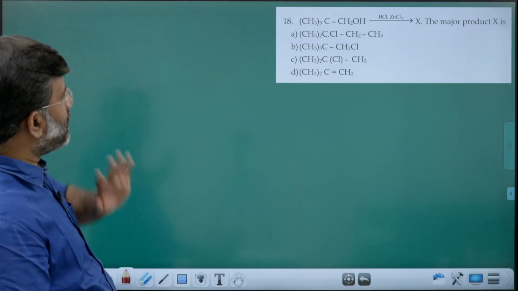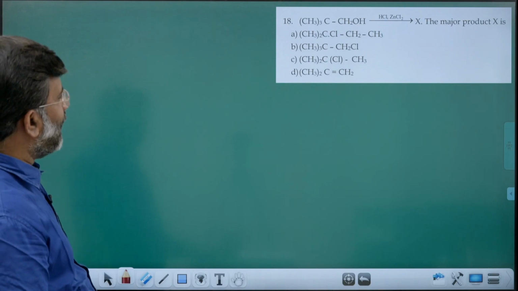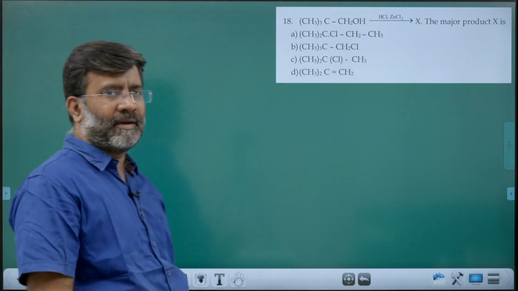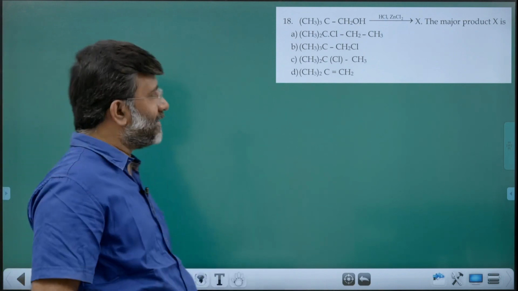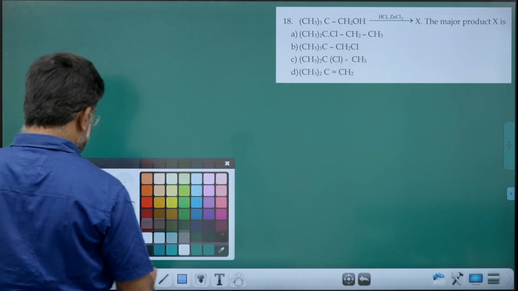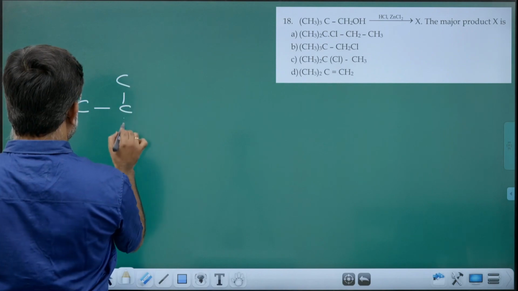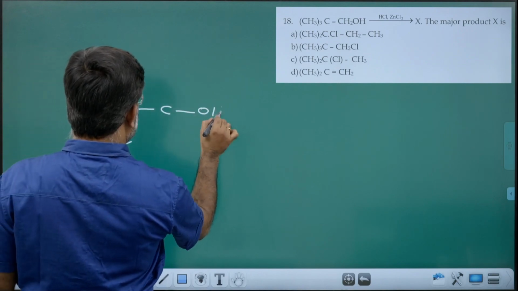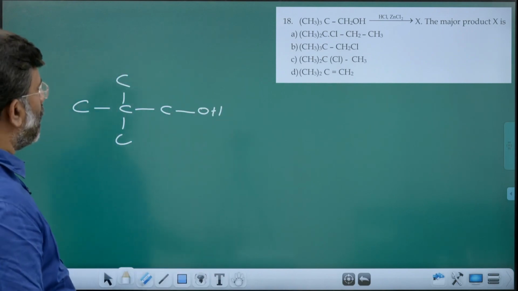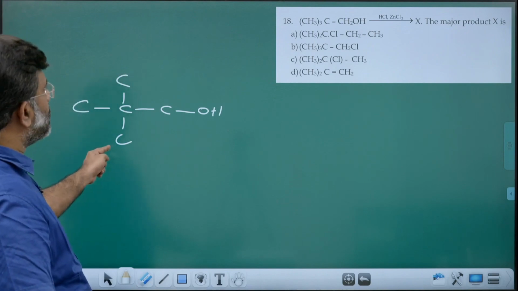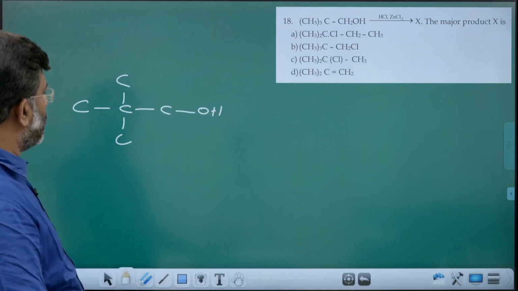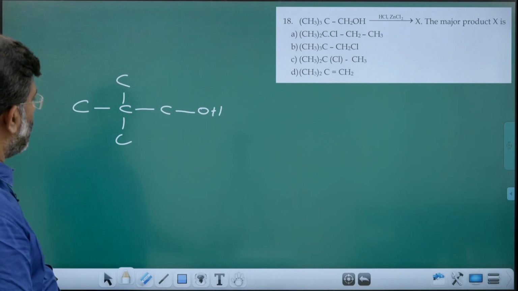Yeah, here it will be some unexpected product because it is HCl with zinc chloride, the ionic reaction. So what happens? Let's see what is the product obtained here. This is what is given, neopentyl alcohol, (CH3)3CCH2OH.